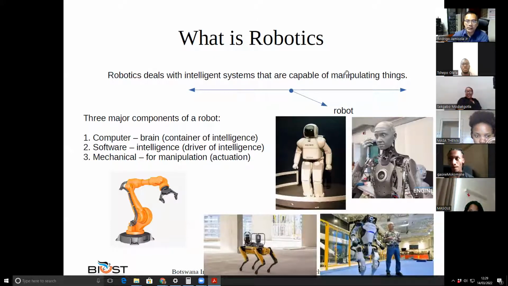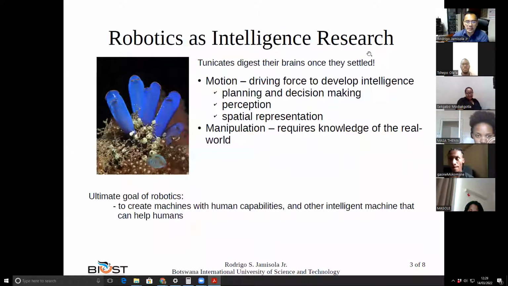None. Okay, let's continue. So let's see some of the basic information on robot control. Robotics is the heart of intelligence research, because we also say that mechanical systems or biological systems need a brain in order to move.